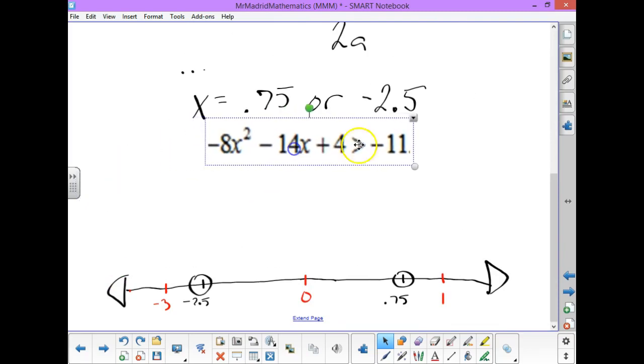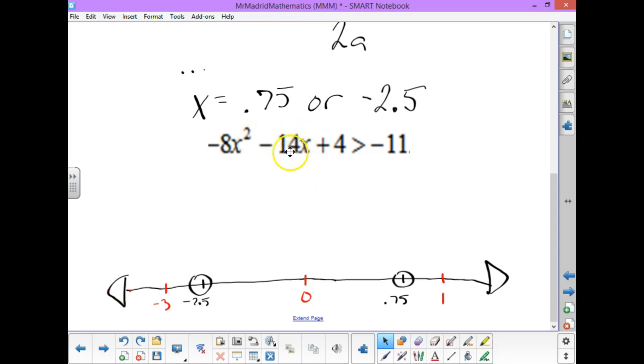Alright, so here's the original, and I'm simply going to substitute these values in for x and see what that produces.